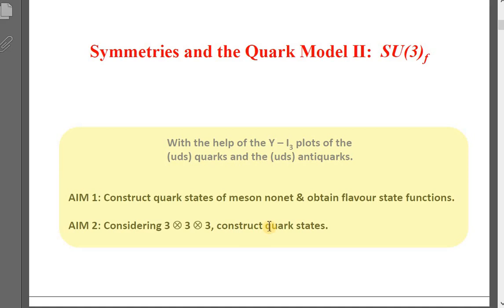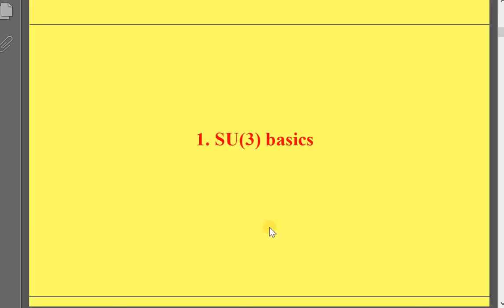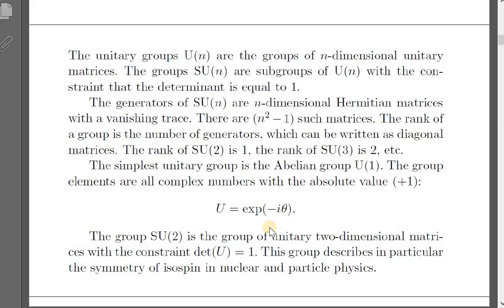Okay, so let's first talk about the SU(3) group briefly. Again, I have just written this here for the sake of completeness. It all started with the unitary group U(n), which are basically the groups of n-dimensional unitary matrices. And then what's so special about it? Well, SU(n), the special unitary group, is basically a subgroup of U(n) with the constraint that the determinant is equal to 1.